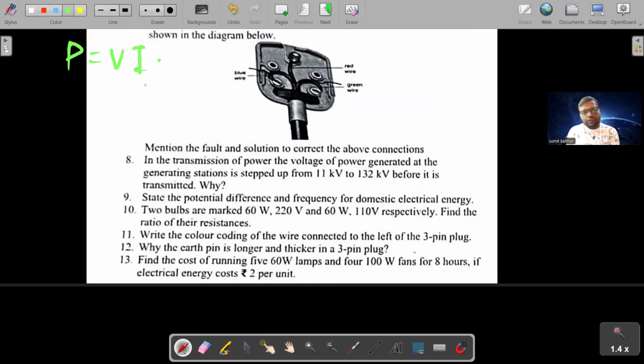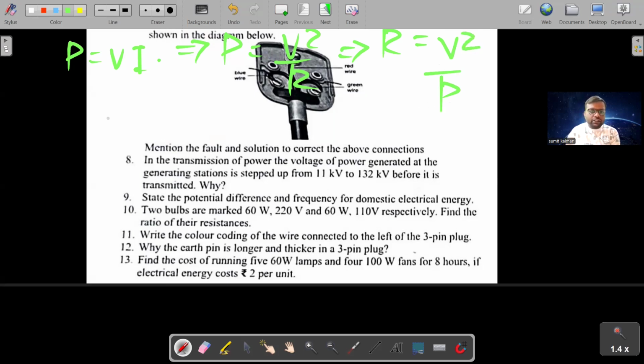And students, we need resistance, so we will replace current. I is equal to V by R. So here P will become V square by R. So here R will become V square by P.